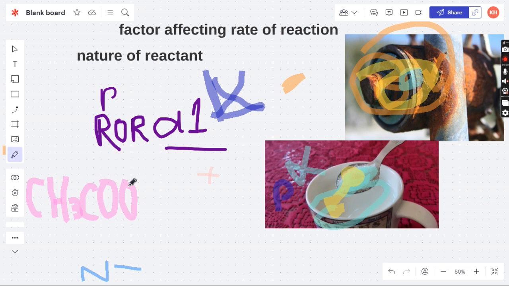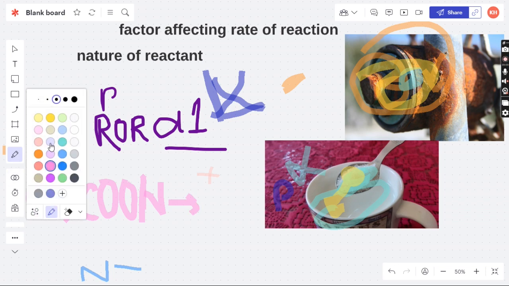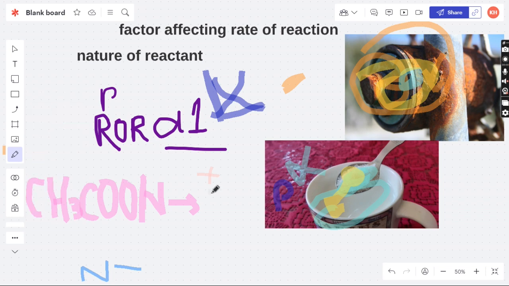When it breaks down, its reaction is something like this: CH3COO and then plus hydrogen.